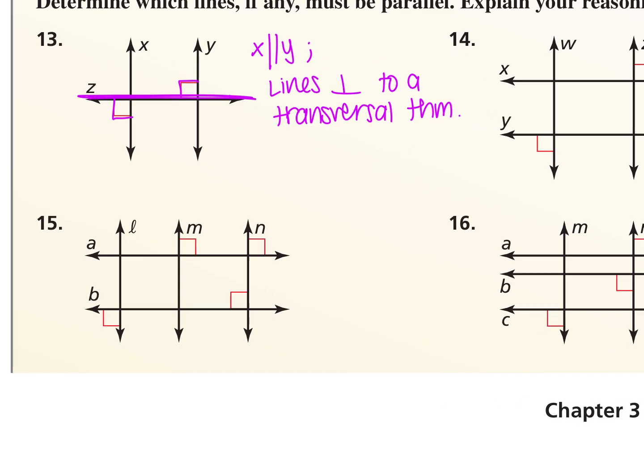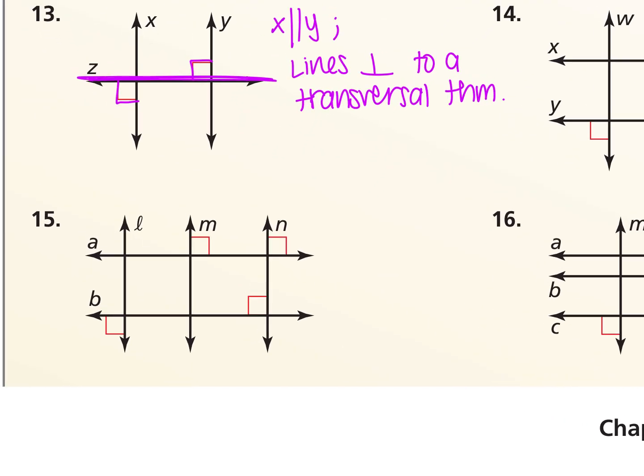So looking at 15, what is parallel? What is my transversal? Okay, who can tell me? What are my lines that are on the same transversal? Okay, if A and B are parallel, what's the transversal that they're cutting? So what would be parallel?